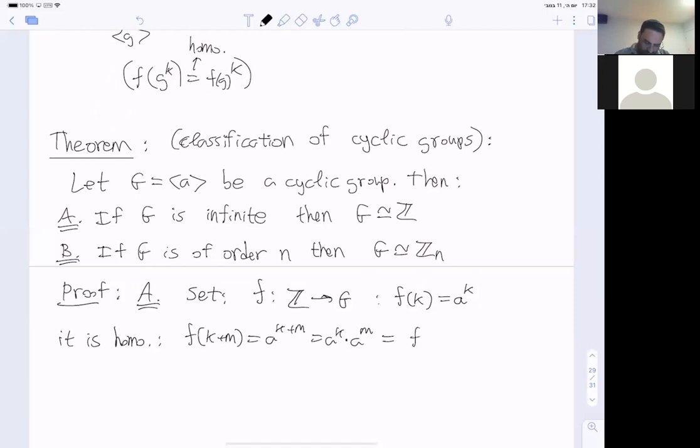Which is F(k)F(m). Now of course it is injective and surjective, because you can have any integral power, so you can cover all of G.